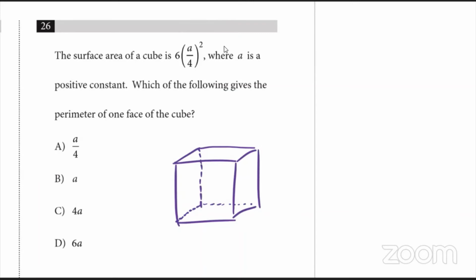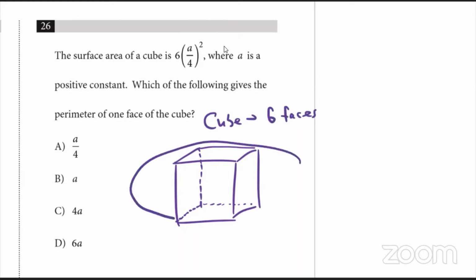But that formula is given to us as 6 times some expression. But the thing to notice is that a cube has 6 faces. Here we've got the 4 faces that go around the outside of it, plus the bottom, plus the top. So those are our 6 faces. So this is surface area, and there are 6 faces that we have to get the area of.